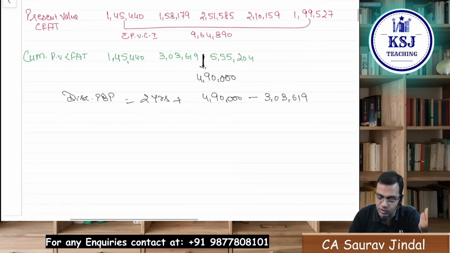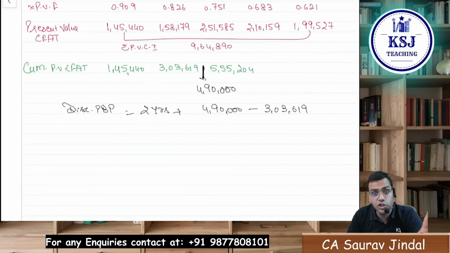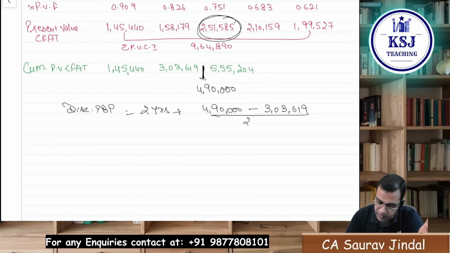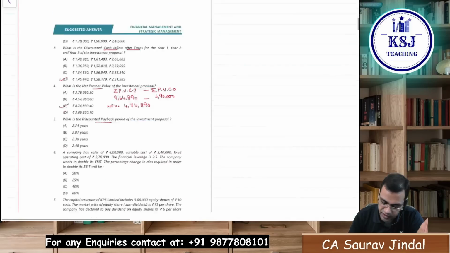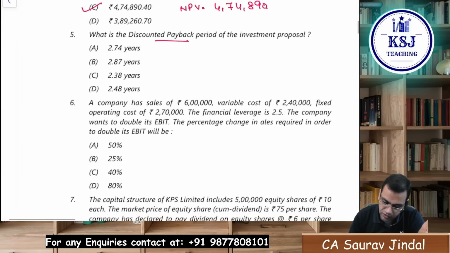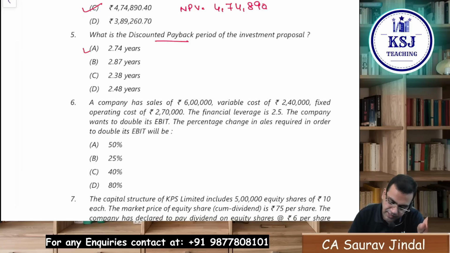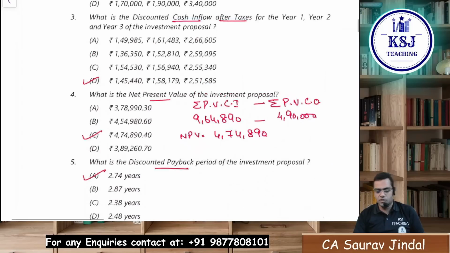The remaining amount is to be recovered from the third year's profit, 2,51,585. So this will come to 2.74 years. Yes, sir, 2.74. Option A. You can cross verify it with the answers of the ICAI.